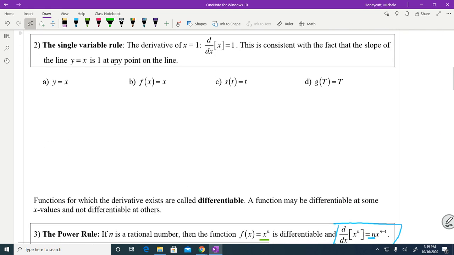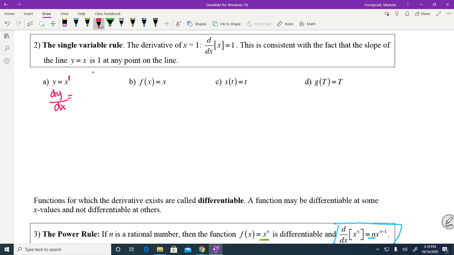Now, whenever there's a single variable, like a variable without any exponent on it, keep in mind that the exponent, if it's not shown, is understood to be a 1. So I can still apply that power rule. Dy dx equals, bring the 1 down.